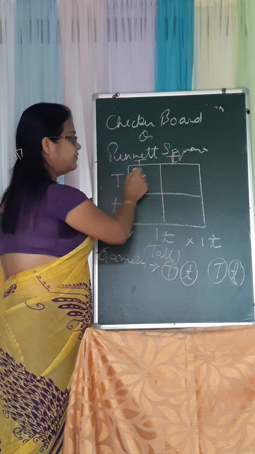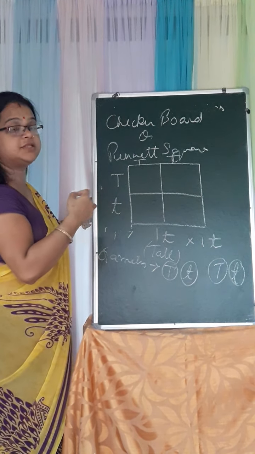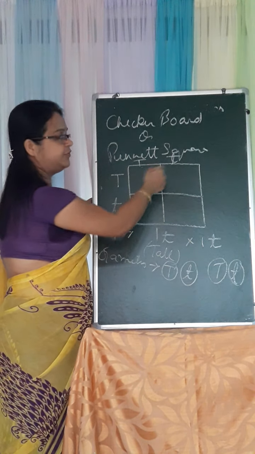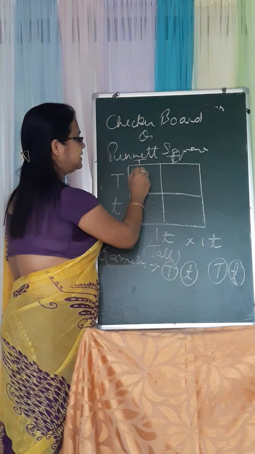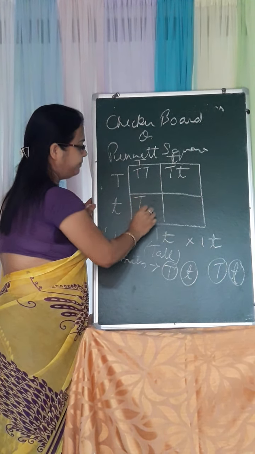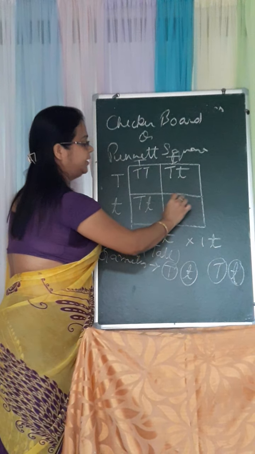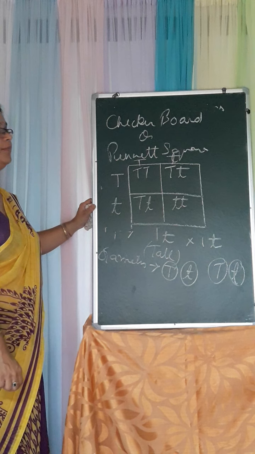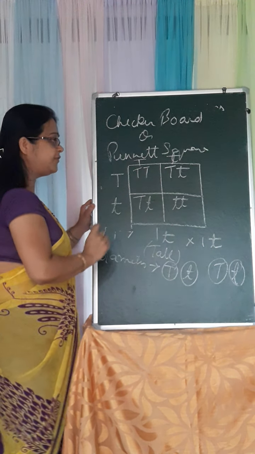Now we will fuse them together. That means crossing is occurring, isn't it? So when the cross takes place, we join them together: capital T, capital T; capital T, small t; capital T, small t; and small t, small t. So now we have got 4 offspring from this cross in the F2 generation.